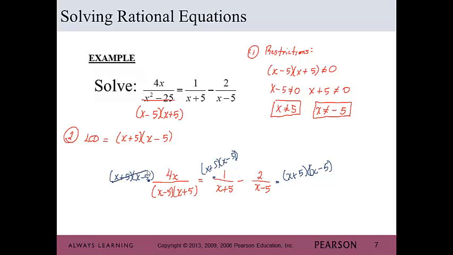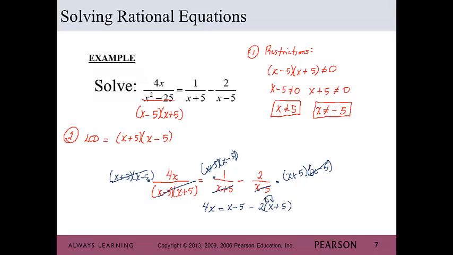So for the first term, these cancel out, and we're left with 4x equals, well, the second term, the x plus 5 cancels out, and we have x minus 5. And then we have minus, I'm going to go ahead and write the 2 because I know it's there. The x minus 5's cancel out, but the 2 has to be multiplied by x plus 5.